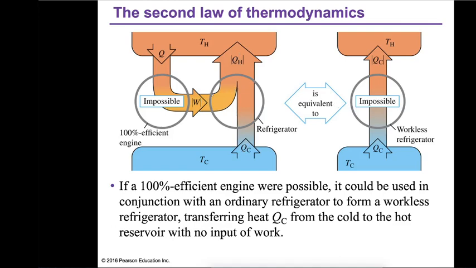Then by combining this 100% efficient engine plus the refrigerator, what do you get? You get something which transfers some heat from a cold place to a hot place. So if this is possible, then that is possible. However, this is impossible, so this is also impossible.